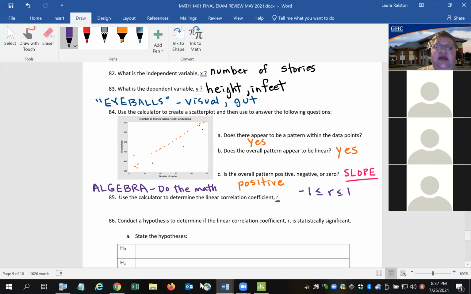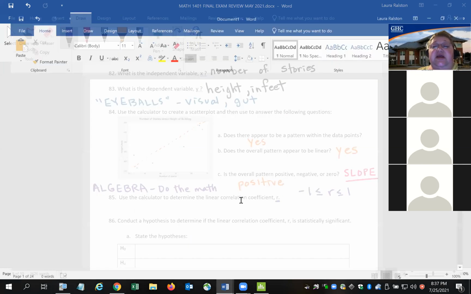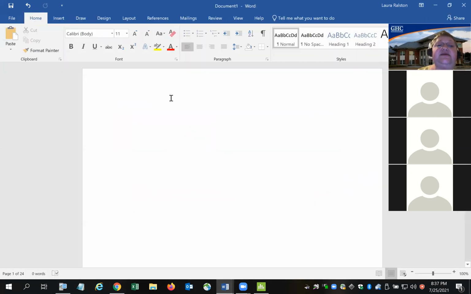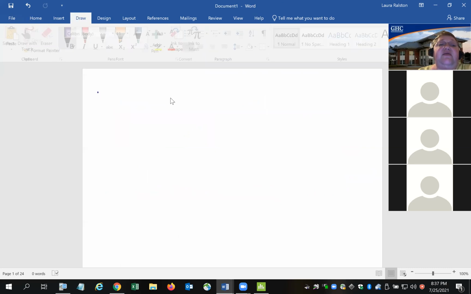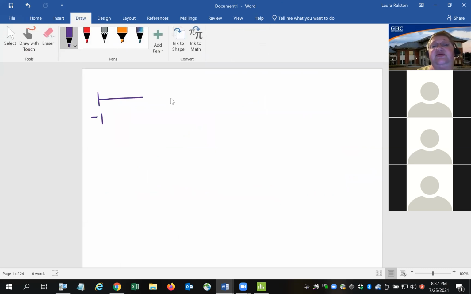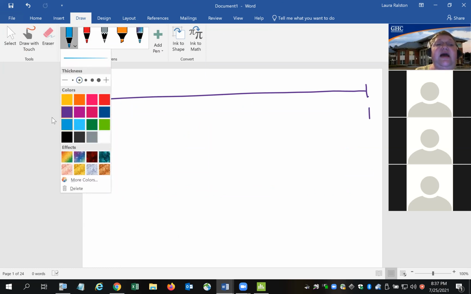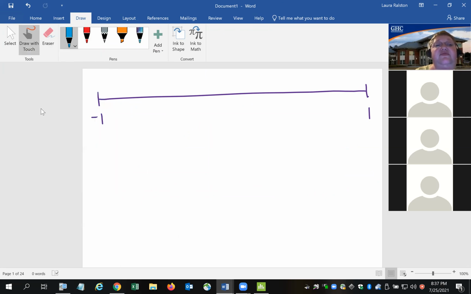Now you're using the computer to do that, but you should always get a value between -1 and +1. Let me go over to a clean sheet of paper for a minute, because you have to kind of think about this as a thermometer. Okay, if you have a linear correlation value of -1, that means you have a perfect negative linear correlation.